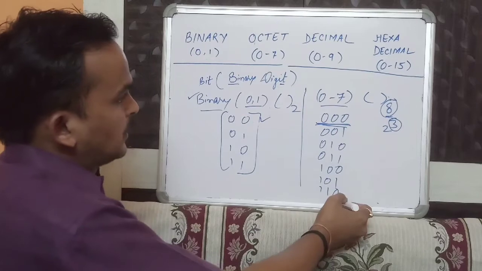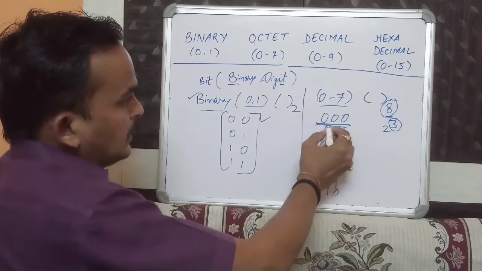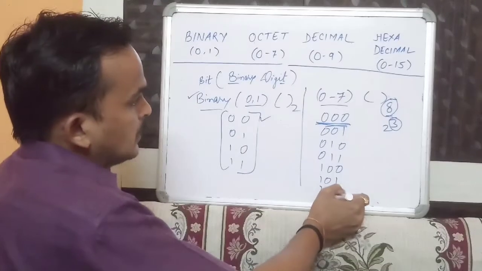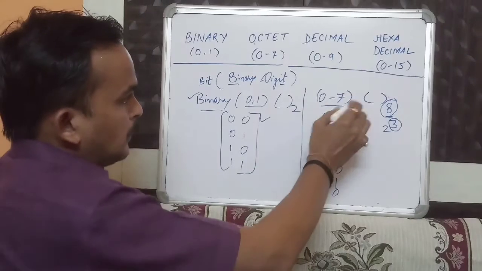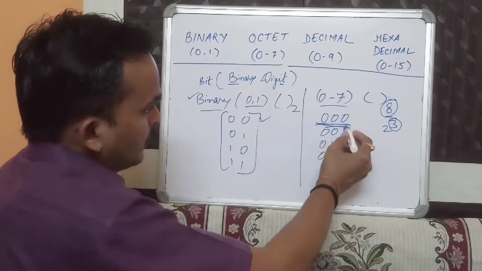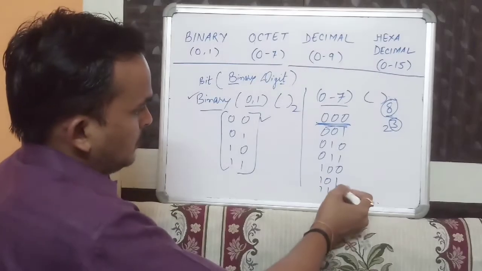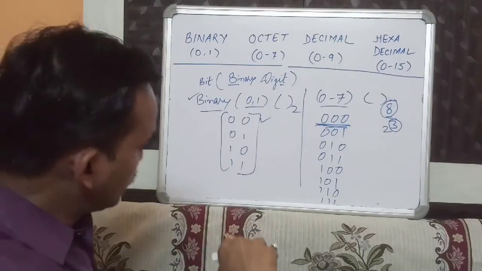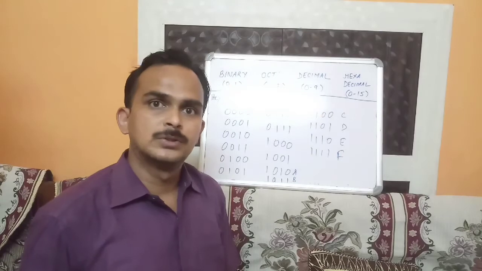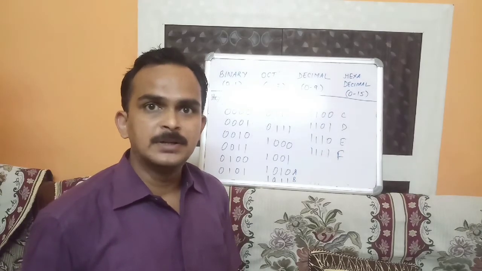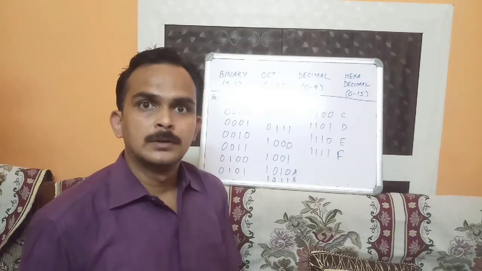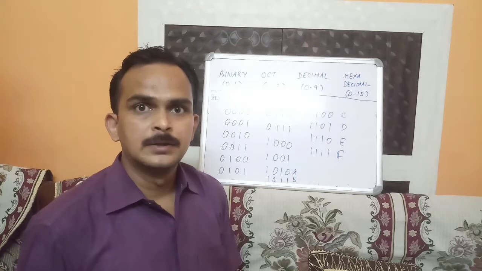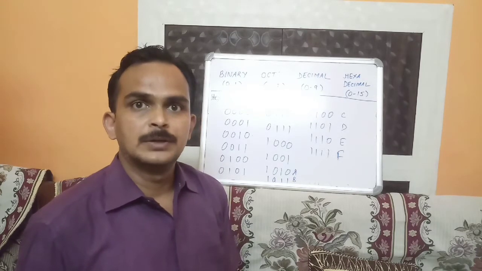So this is the possible combination of 0 and 1 in terms of octal: 0 0 0, so 0 1 2 3 4 5 6, these are 0 to 7 complete if we include the 0, and the last is 1 1 1. In octal we use 0 to 7, 8 digits, and we take a 3-bit combination, because 8 is 2 to the power 3.